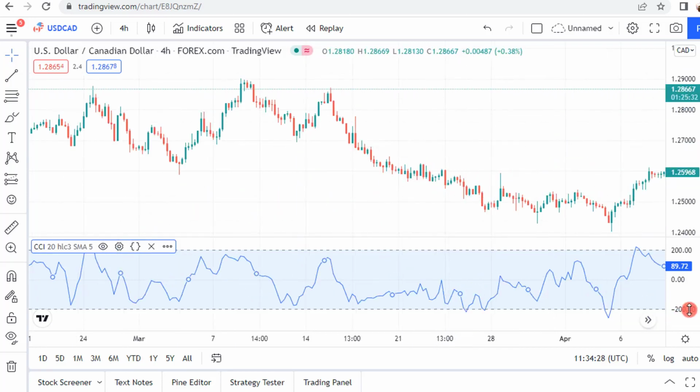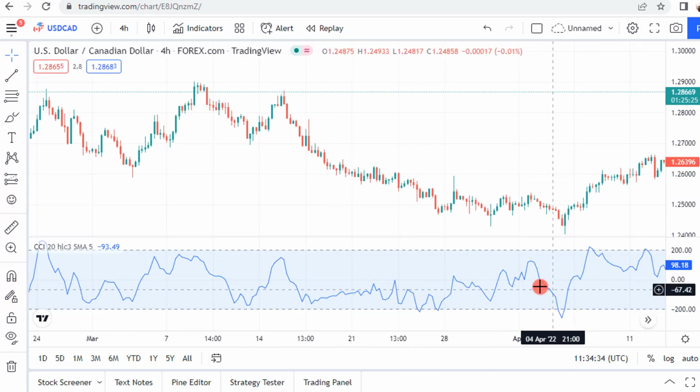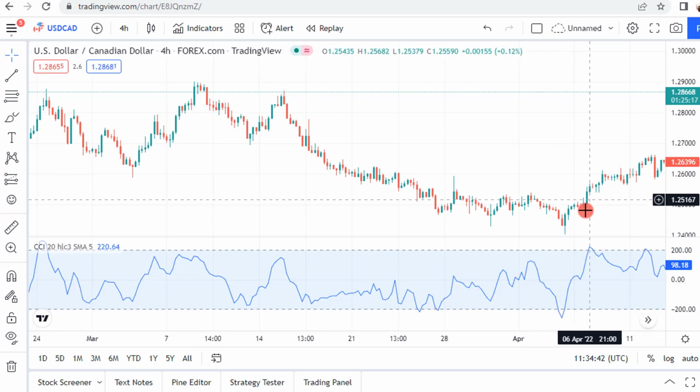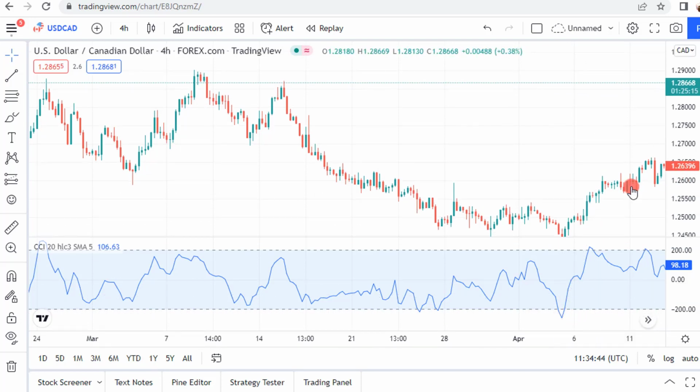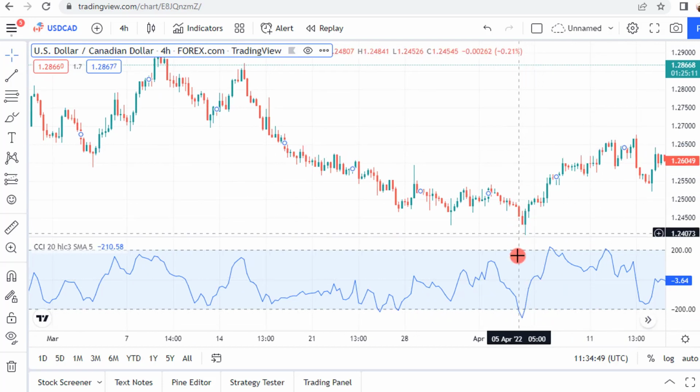So the way you enter from here is when the market goes down and when the zigzag line, that means the CCI line in the indicator, touches the lower band below, you wait, and when it starts to go up, you will take buy entry. I am saying again, this is called the CCI line. So when this line comes down and touches the lower band, you will wait.